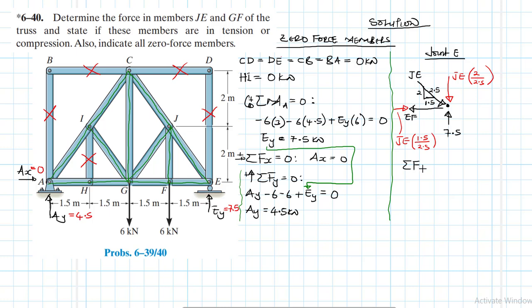Summation of forces in the y equal to 0. What do we have? We have 7.5 minus JE by 2 divided by 2.5 equal to 0. Therefore, JE will be equal to 7.5 divided by 2 divided by 2.5.